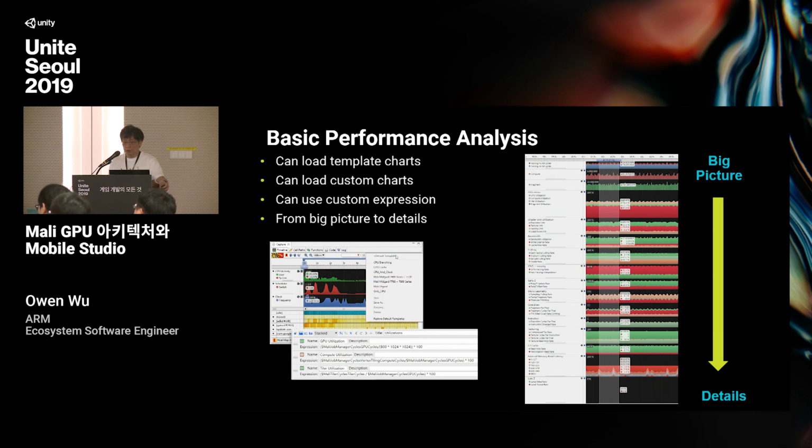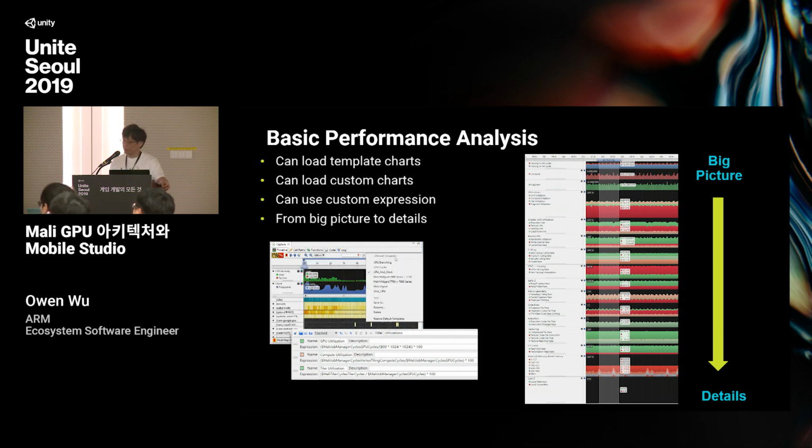And if the template is not enough for you, you can also create your own chart set to analyze the key numbers you care about. You can save your custom chart set as a template, so next time you can just load your pre-created template. The chart set on the right-hand side is my own set.